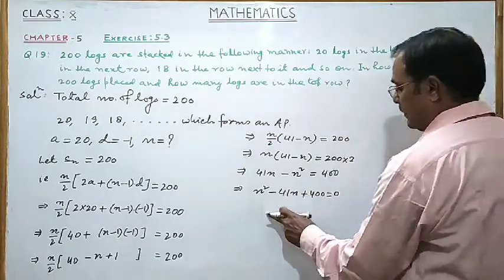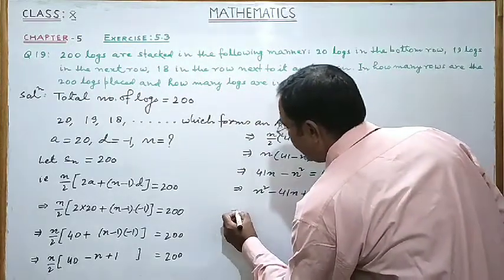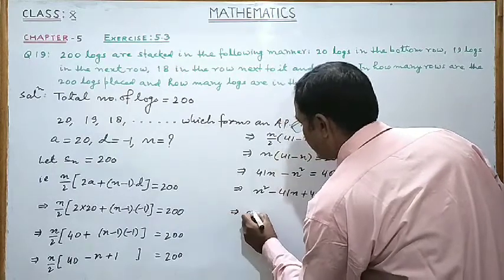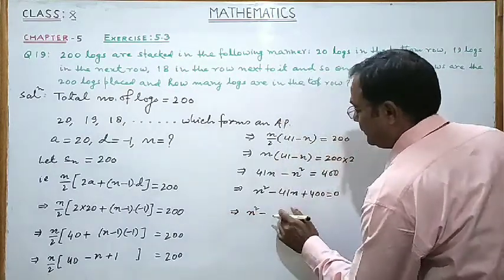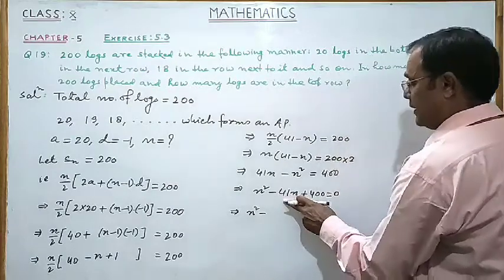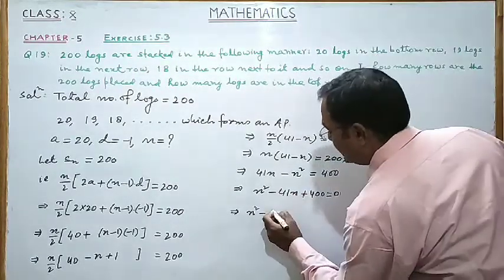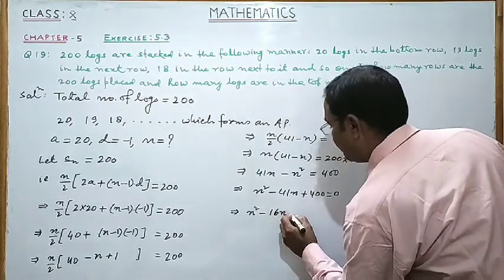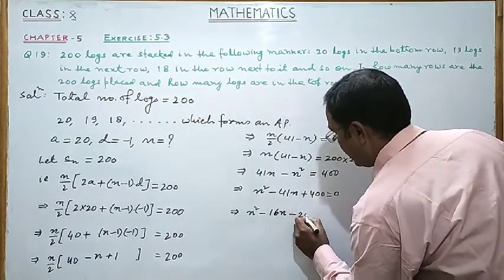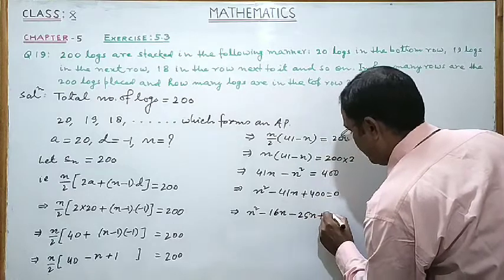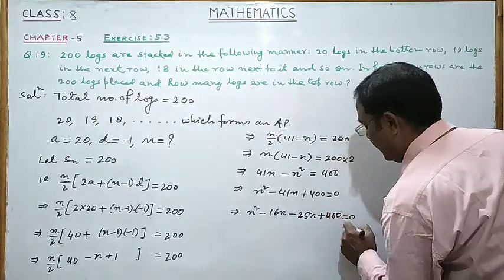So let us solve this equation and find out the value of n. n square minus, split this middle term, minus 41n, minus 16n, minus 25n plus 400 equal to 0.